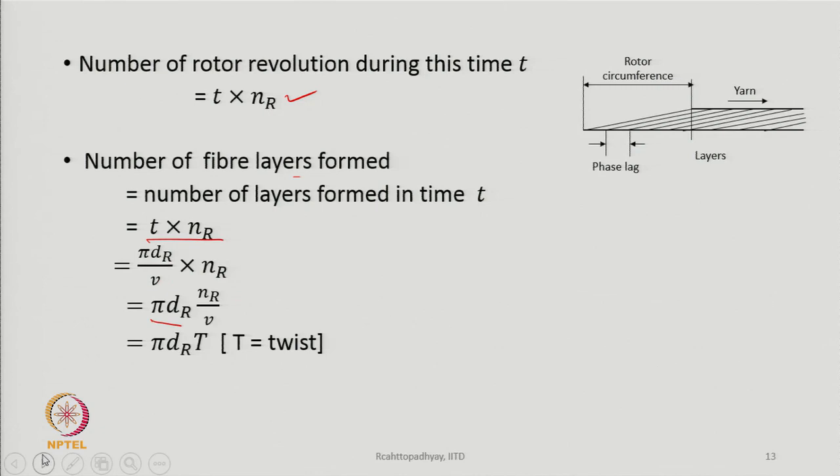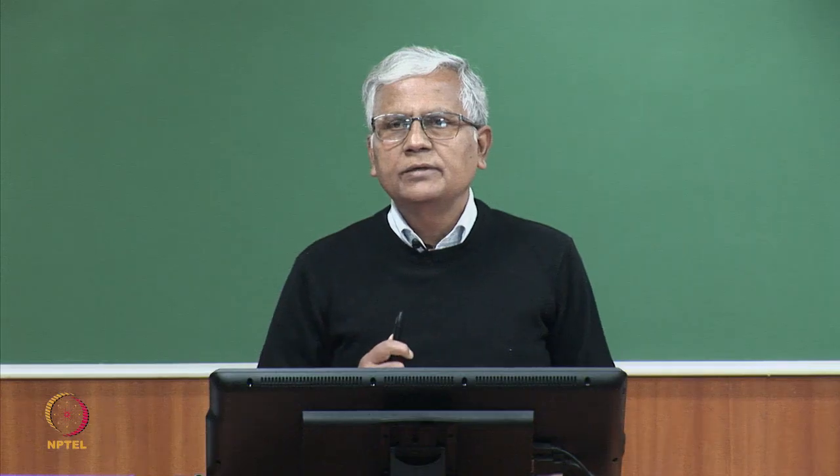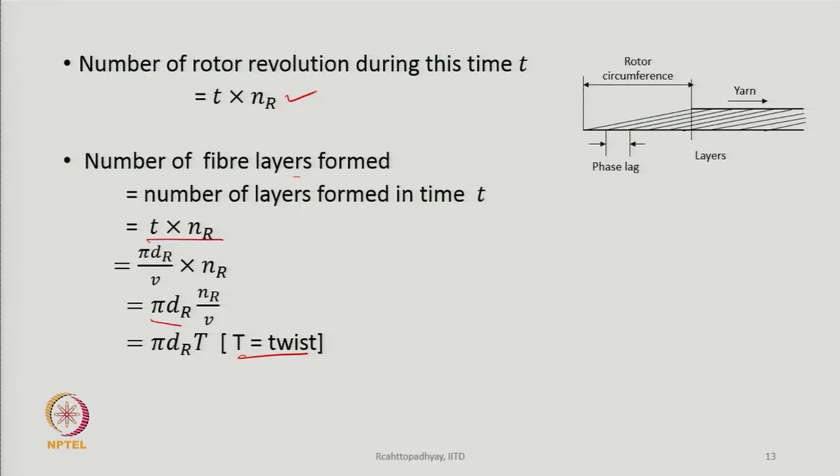And what is nr by V? nr by V is the twist. nr is the rotational speed of the rotor. Rotor is a twister like spindle in the case of ring spinning. So, every revolution of the rotor means one twist is generated. So, nr divided by V, V is the withdrawal rate.